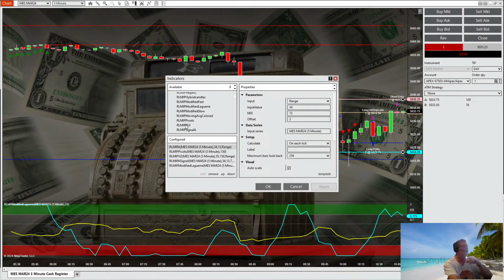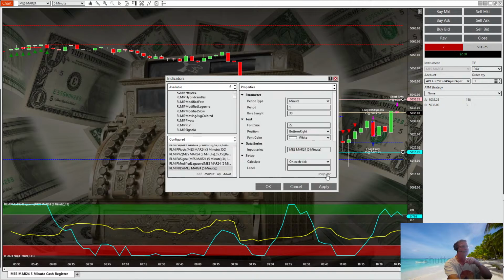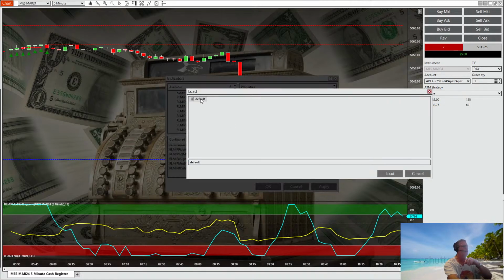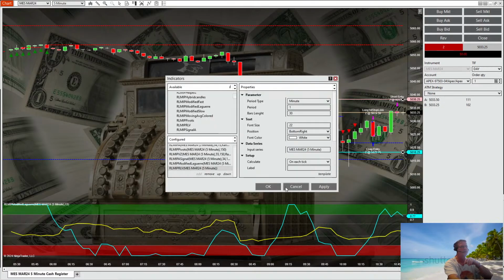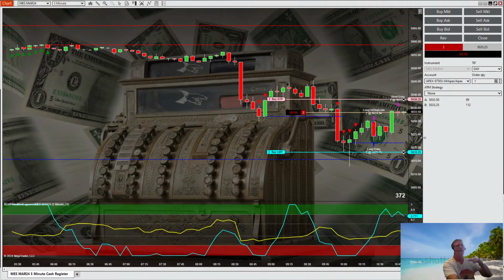I'm going to add that RLV indicator and then just load my template for that indicator, and it'll have the same settings. Kind of liking the way the NASDAQ is moving today.